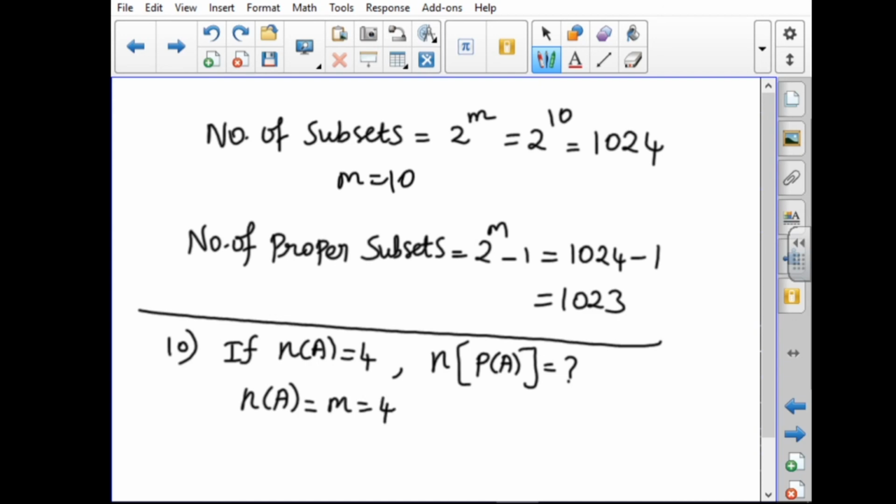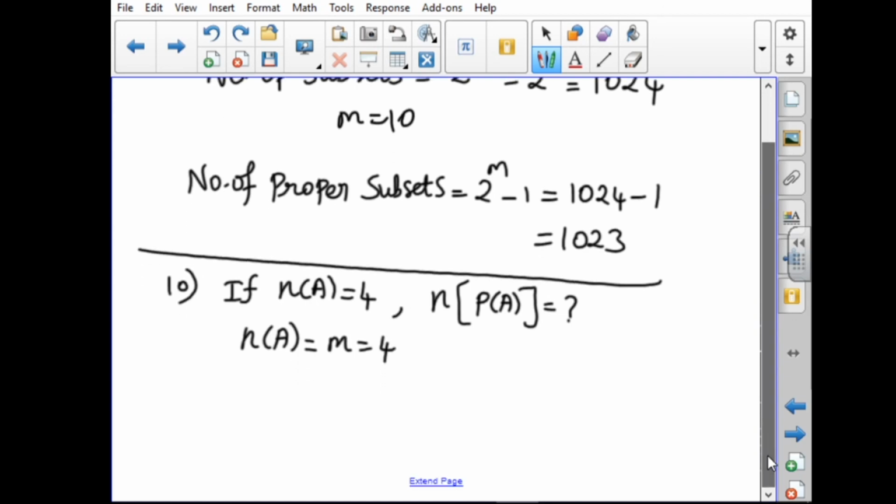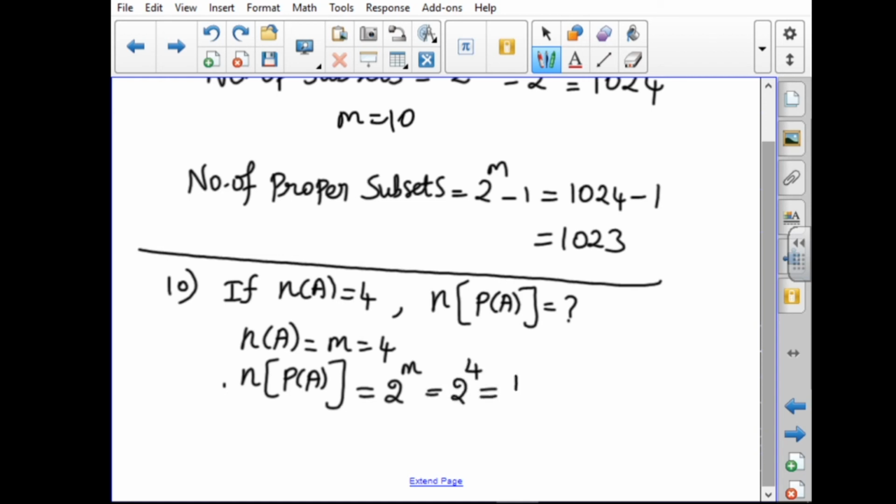That means we should find n of P of A. n of P of A is nothing but 2 power m, that is number of subsets. It's denoted by n of P of A. That is 2 power m, that means 2 power 4. What do you get? 16. 2 2s are 4, 4 2s are 8, 8 2s are 16.